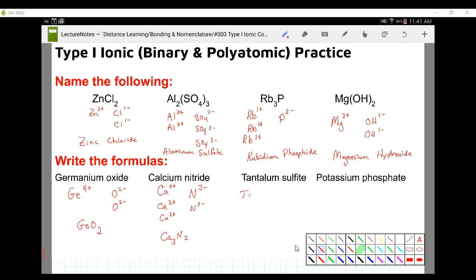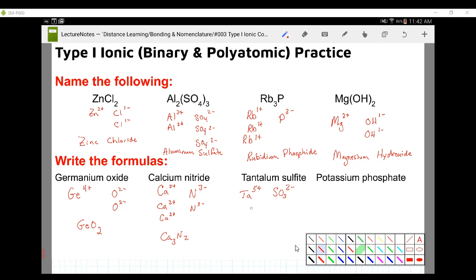Tantalum is Ta. It's in the D block. It has a charge of 5 plus. Sulfite, ending of ITE, not IDE. That indicates that this is also a polyatomic. I need to look this up on the back of my paper. Sulfite is SO3 2 minus, not sulfate, which is SO4 2 minus. I need to get these into a common multiple. I cannot make a 2 into a 5 or a 5 into a 2.